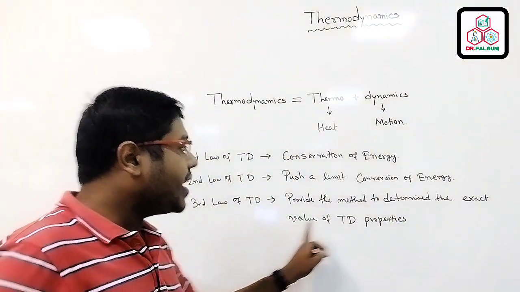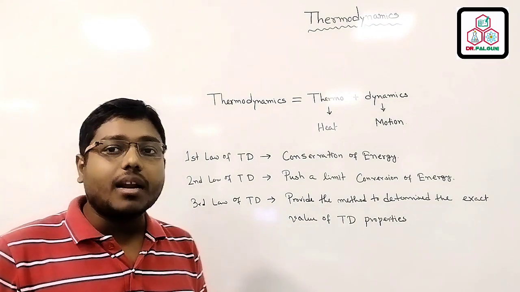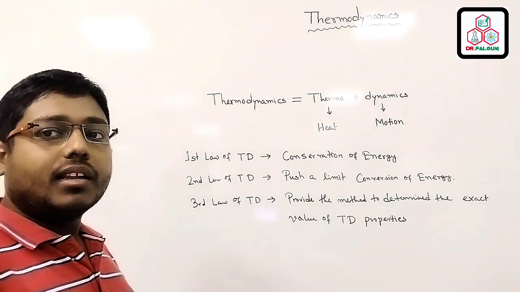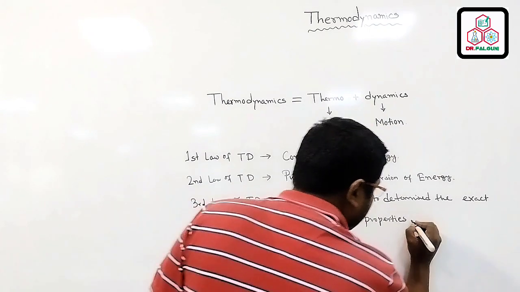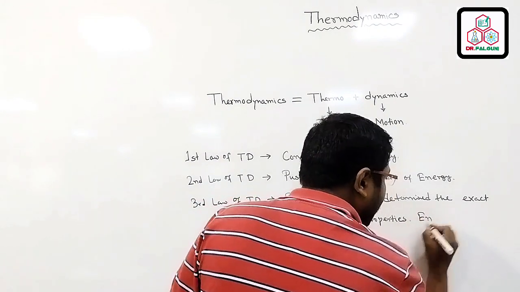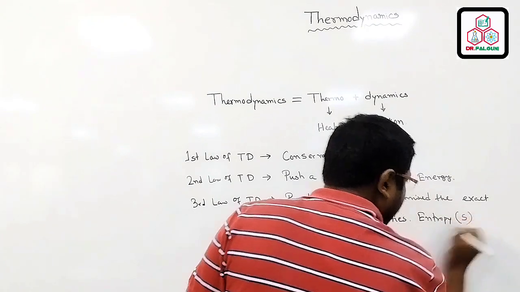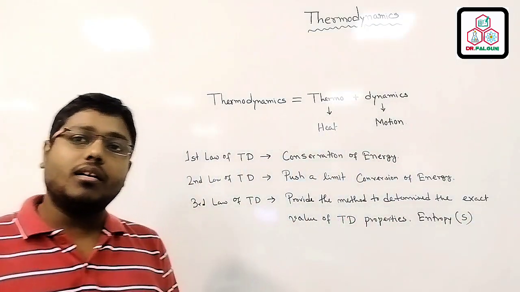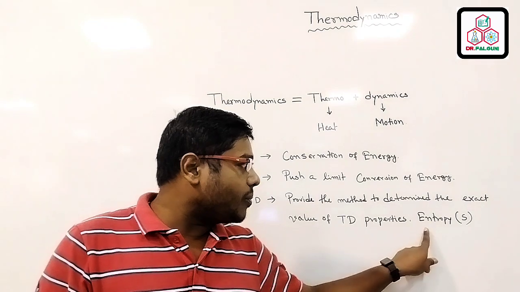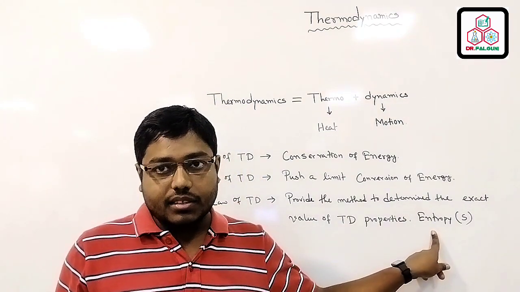Basically, it provides the method to determine the thermodynamic property that is entropy. What is entropy? I will tell later. It is a thermodynamic property, and entropy is denoted as S.